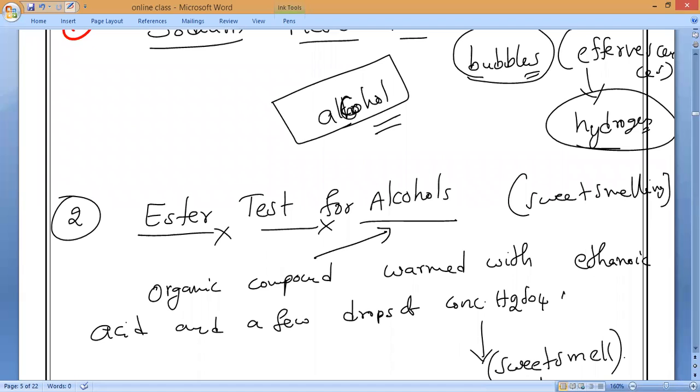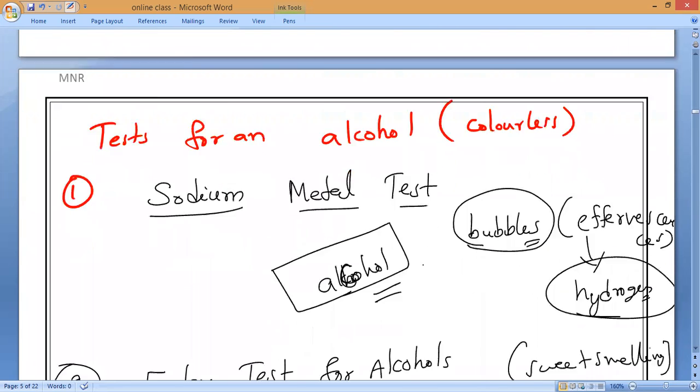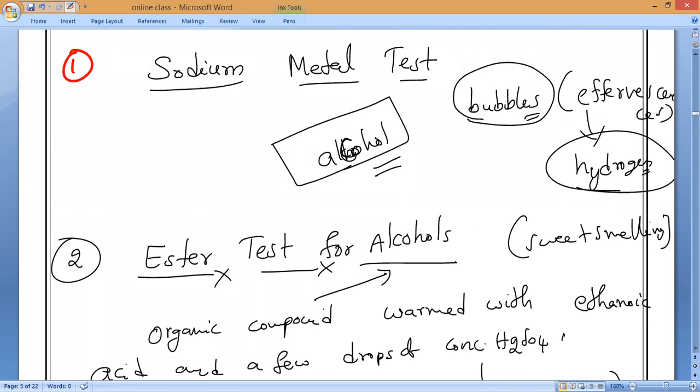To identify whether a given substance is alcohol, react with sodium and effervescence, meaning bubbles, will come, or react with carboxylic acids and they will produce esters, the sweet smell, indicating alcohol. These two tests can identify ethanol or alcohol when it is not labeled properly. Very important: the sodium metal test, and second, the ester test for alcohols. Hope everybody understood.